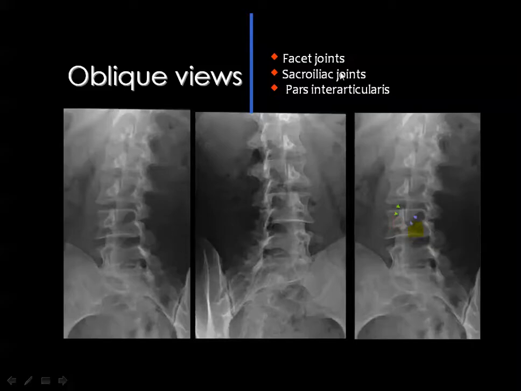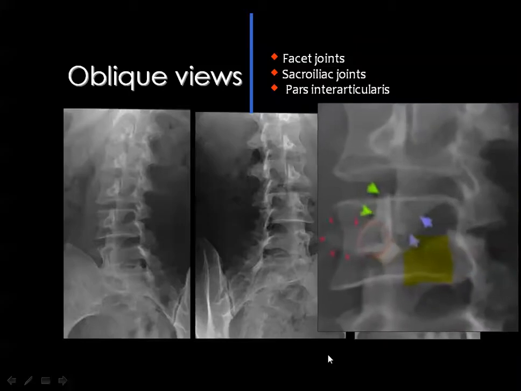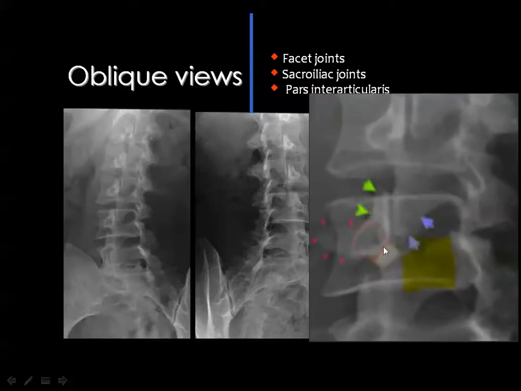Also, we can evaluate the sacroiliac joints in the oblique view better than the anteroposterior view. And also, this oblique view is good for evaluation of the pars interarticularis, which is the junction between the pedicle and the remaining part of the neural elements.